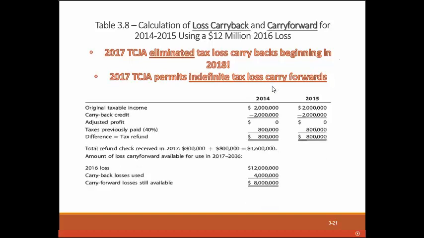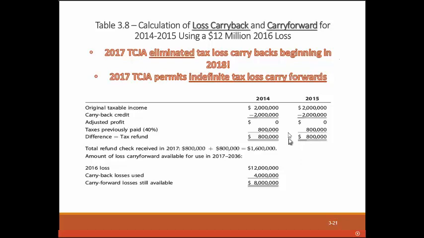Let's take a look at an example. Let's say that the original taxable income was $2 million and the corporation had a tax carryback of $4 million in 2016. So up until the year 2017, a net operating loss could be carried back against income of the prior 2 years.